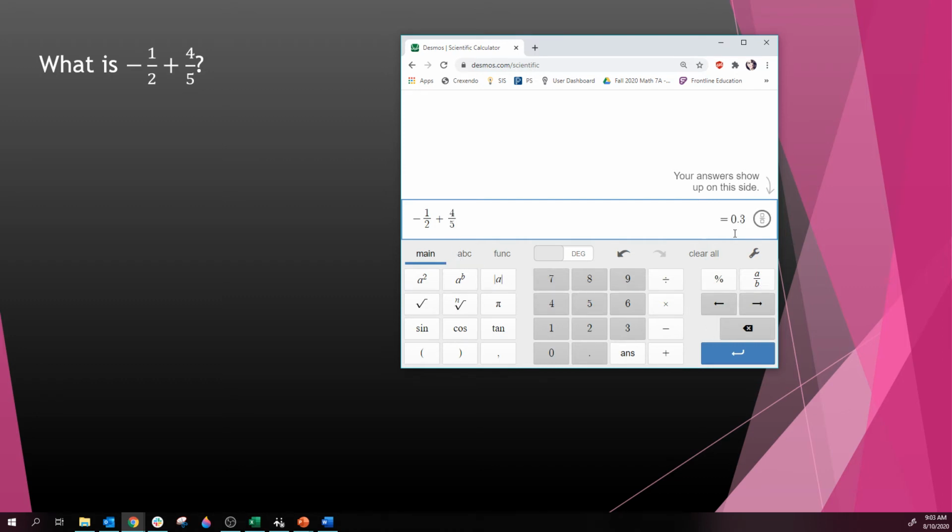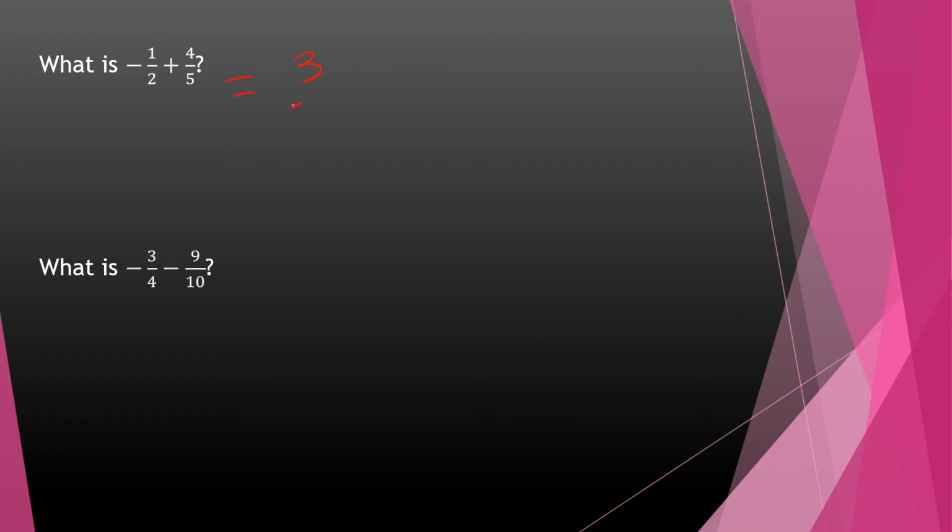Now notice how it gives us a decimal answer. That's okay, right? If I hit this button on the side that says convert to fraction, it will turn it into a fraction for me. So this tells me that when I add -1/2 plus 4/5, I will get 3/10.